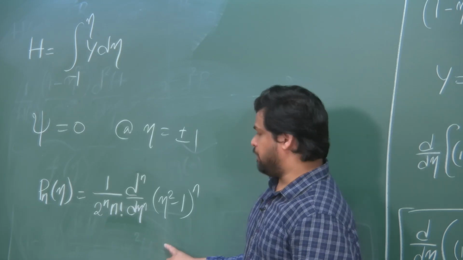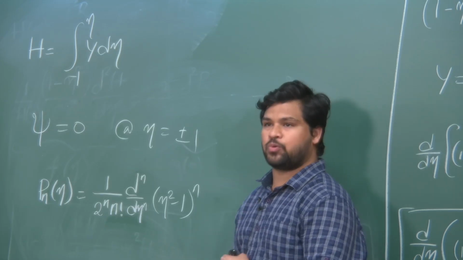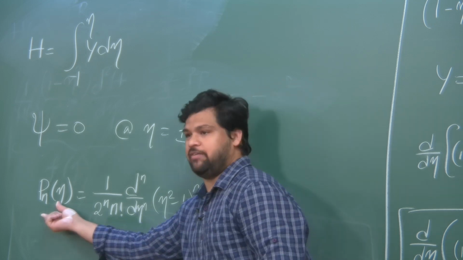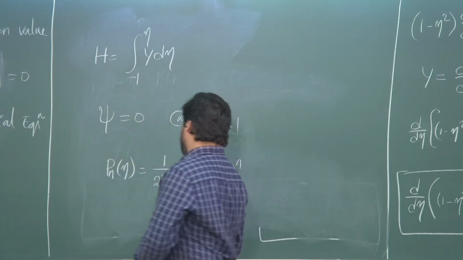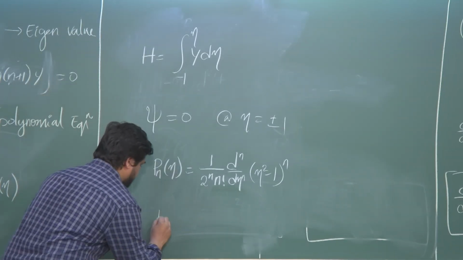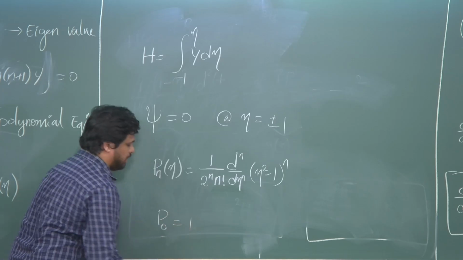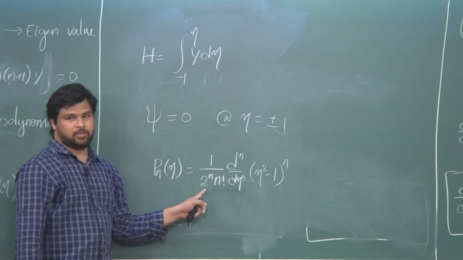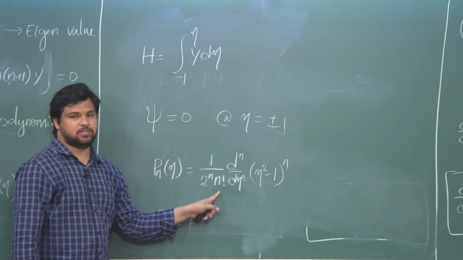Am I correct? Yeah, this is the form for Pn. So, from here I will do two steps, and the same thing will be similar for n equal to any value. If you put n equal to 0 here, what you will get? P naught is 1, because this entire derivative will be 0, 1 by 2 power 0 is 1, and 0 factorial is 1.